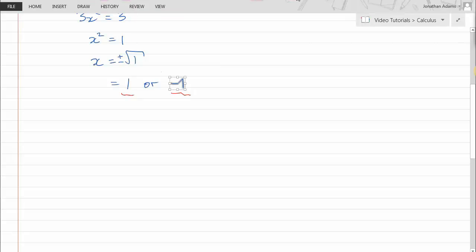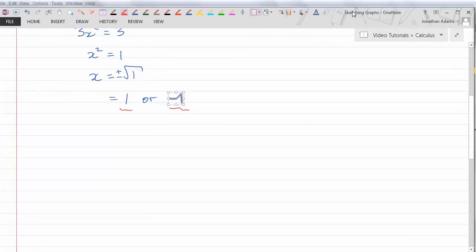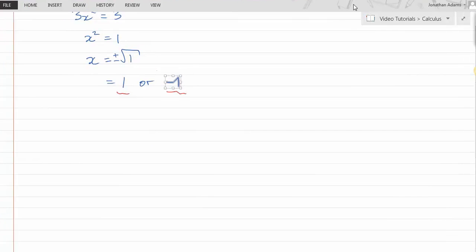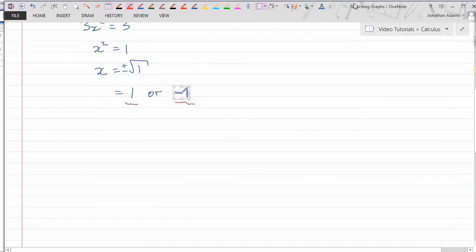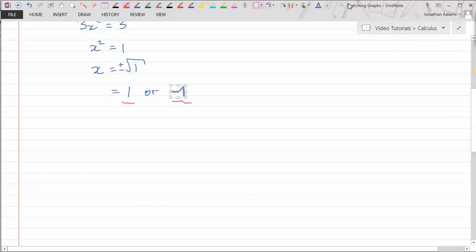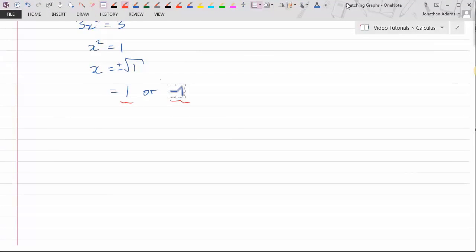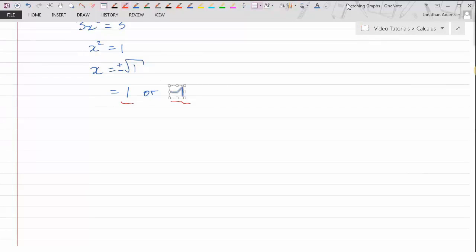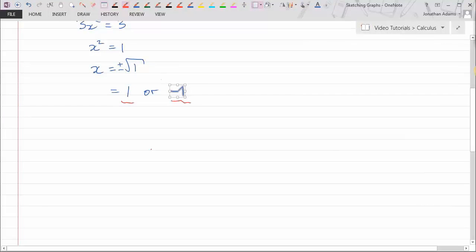Now, it's good to be able to find the x-coordinates of the stationary points, but if at some point I want to graph this, I'm going to need to find the y-coordinates that go with them.